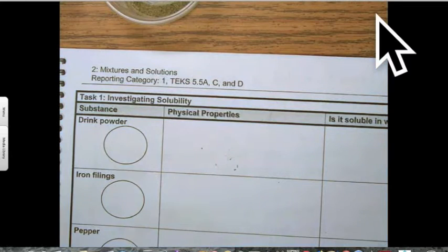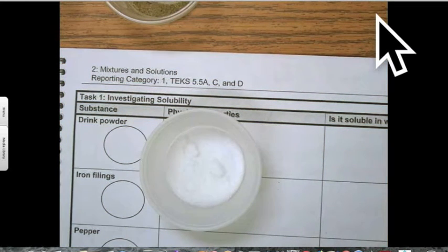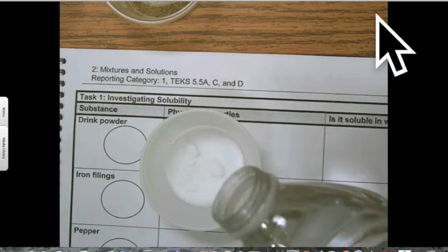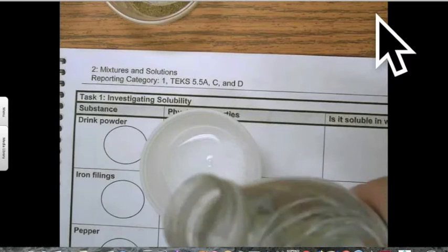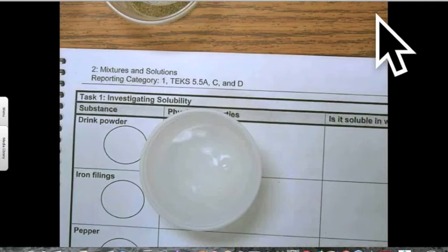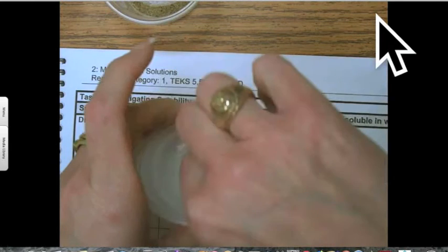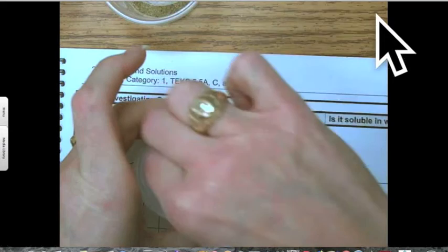Let's try our sugar. Add a little water. Stir. Uh-oh, there's pepper flakes.